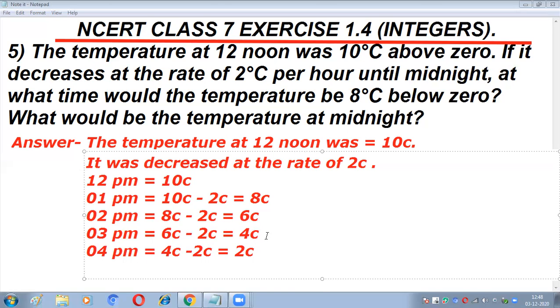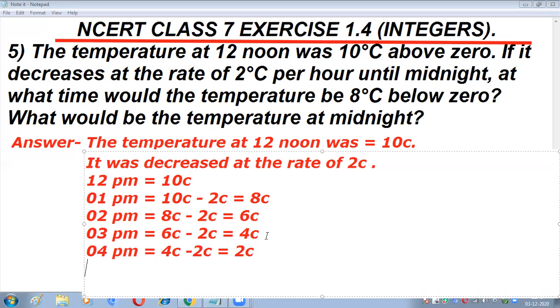Only 2 degrees Celsius is left now. And now 5 p.m. in the evening is equal to 2 degrees Celsius minus 2 degrees Celsius is equal to 0 degrees Celsius.